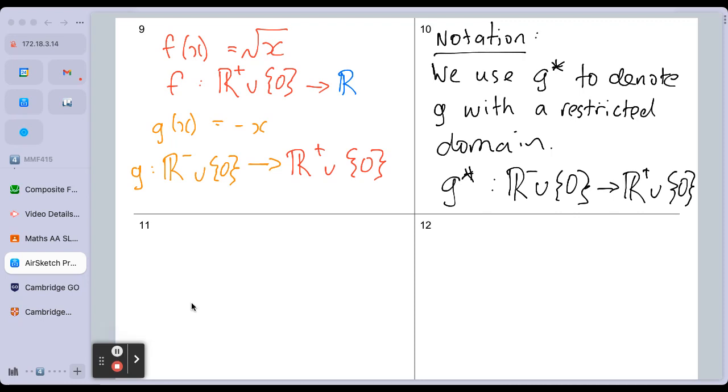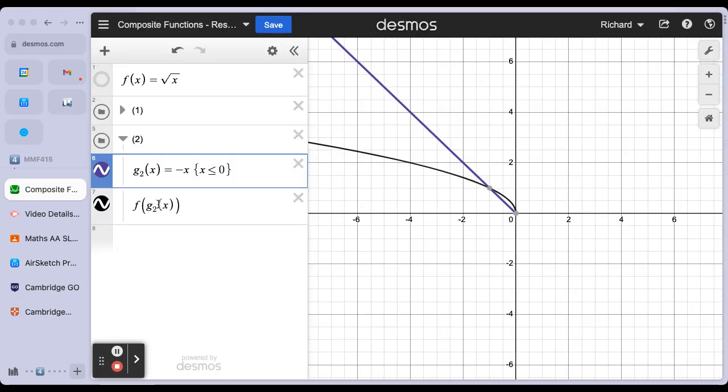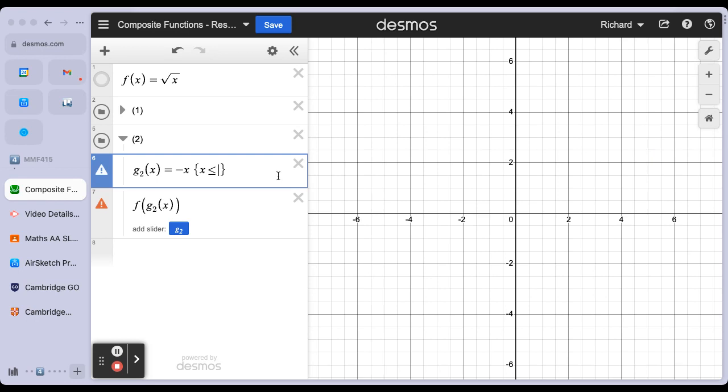Technically, we don't have to match. If I go back to Desmos and show you what I mean, if I set G2 of X, we can see here G2 of X is X less than or equal to 0. If I say X is less than or equal to -5, will that still allow me to get a composite function?